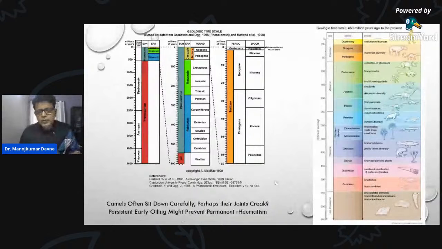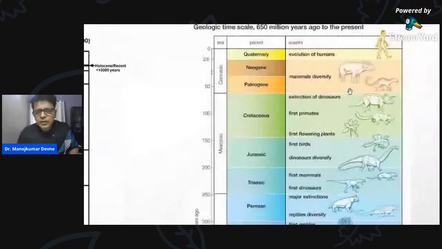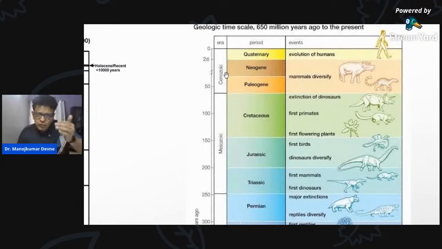Anyway, coming back to some aspects here. On the left side diagram, we came from the older earth to the modern earth. Now let us see if we can go back from the modern earth to the older earth. You'll see that the quaternary period, the most recent one, is where you have had the evolution of human beings.